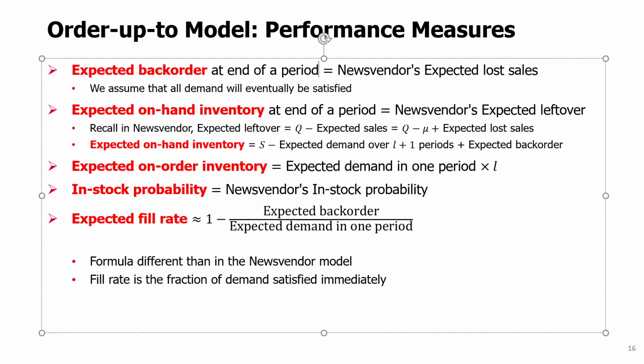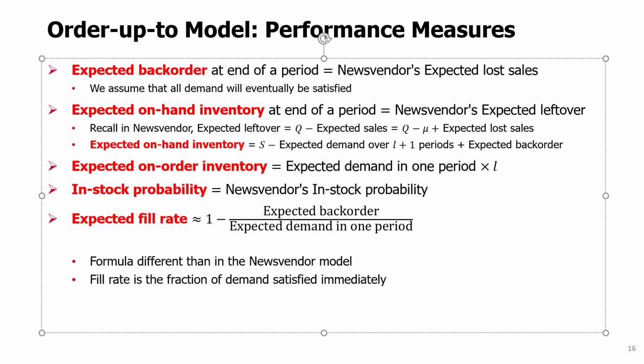This is not really a lost demand, because remember we assumed in this case that all demand will eventually be satisfied. So if some demand was not satisfied in a certain period, it will be satisfied in a future period. It is actually not lost, just delayed. But it is still a negative effect, and we want to avoid it.